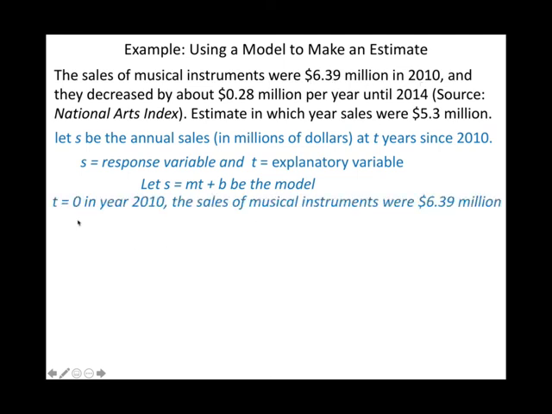This means when t equals 0, in year 2010, the sales of musical instruments were 6.39 million. So if you plug this information into the equation, you find 6.39 will be your S-intercept. Your b will be equal to 6.39 when t equals 0.